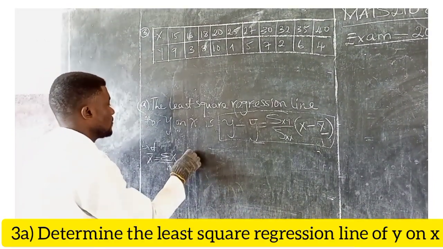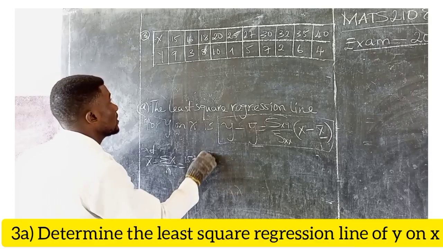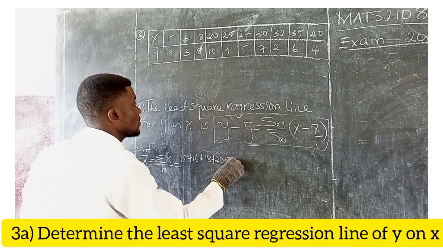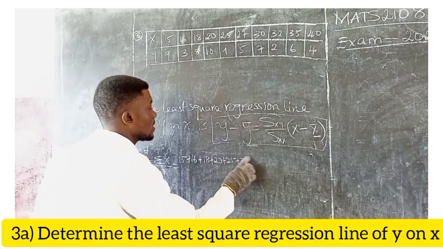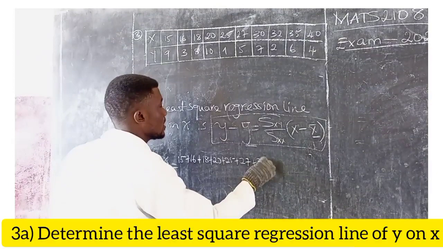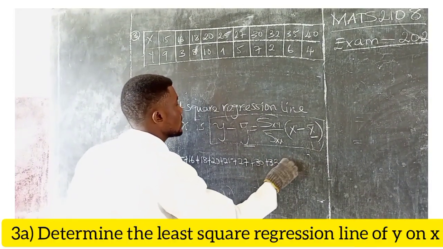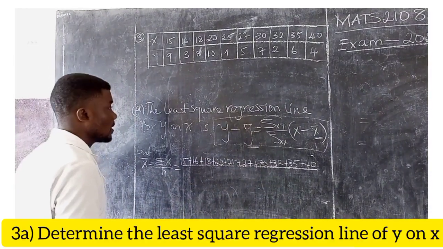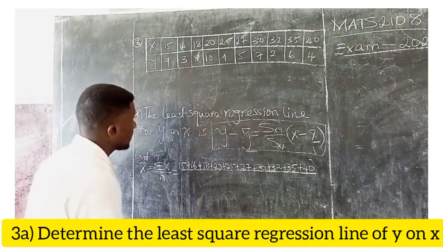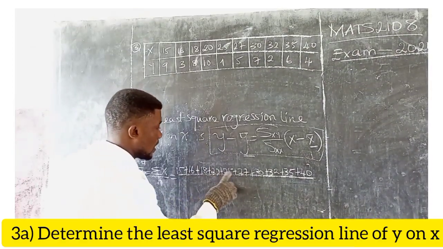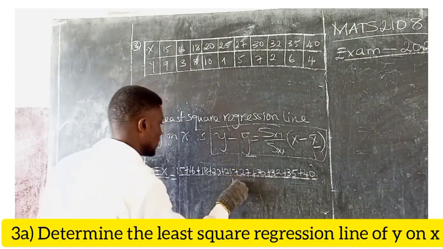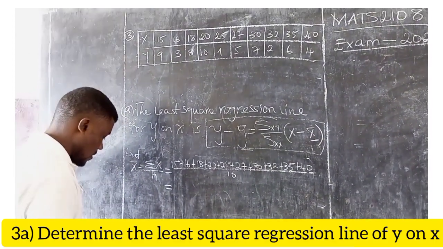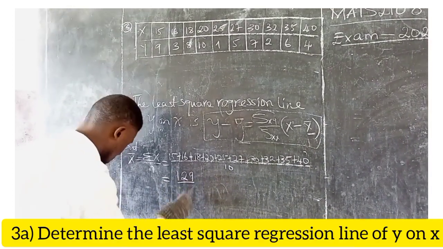That is, we have 15 plus 16 plus 18 plus 20 plus 25 plus 27 plus 30 plus 32 plus 35 plus 40, divided by 10 of them. If we do that division correctly, it gives us 129 divided by 5.